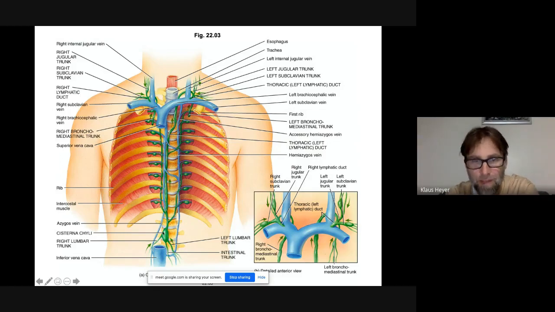And the biggest one starts down here at this bulge, and I'm following the pointer right now. This is the left thoracic duct, or the left lymphatic duct, or we just call it the thoracic duct. So if you're following my pointer, it's emptying right into the subclavian. So that's the left.